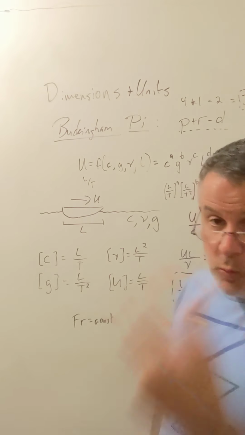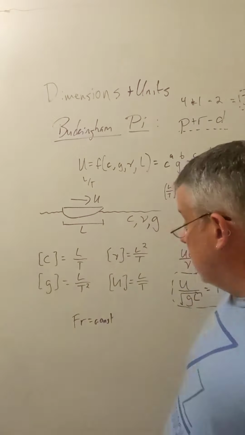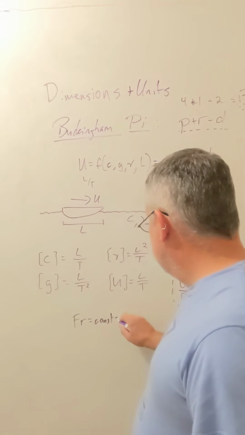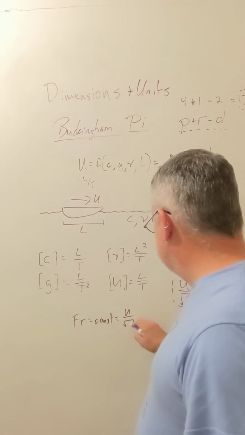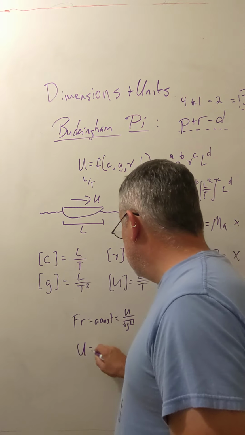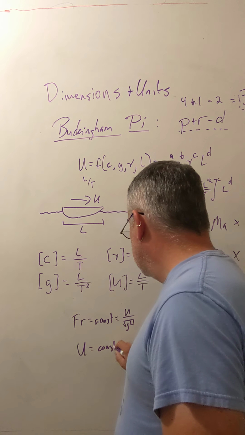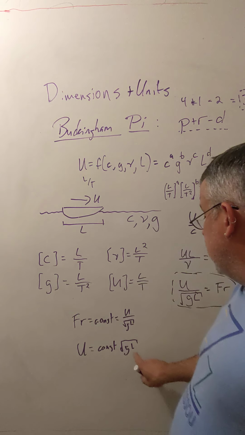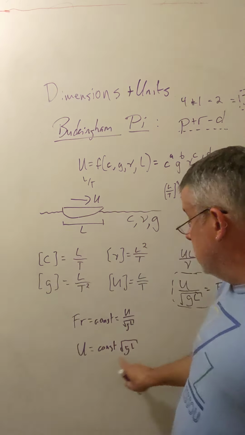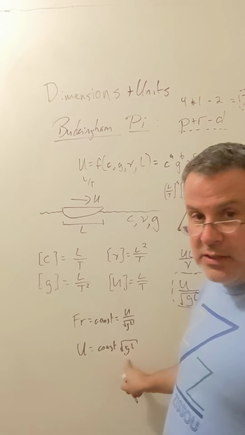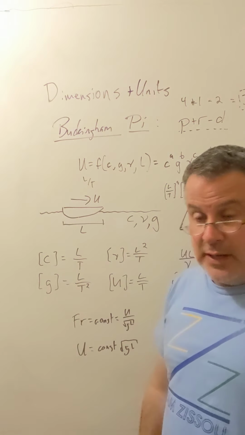When the boat limits its speed, it goes to the Froude number equals a constant. And that means that U over square root of gL equals a constant, which means that U equals a constant times the square root of gL. So if the length of the boat gets bigger, so does the speed. If you're on a planet where gravity is bigger, the speed gets faster.